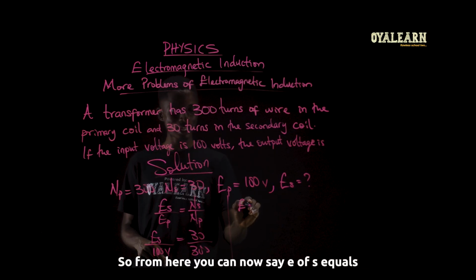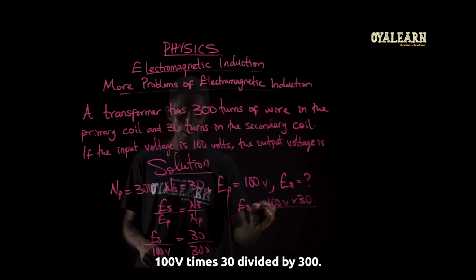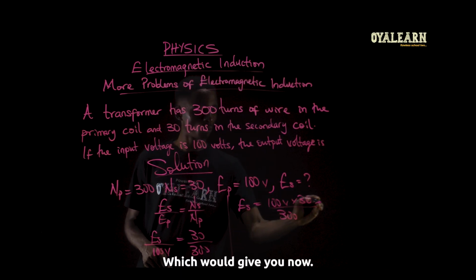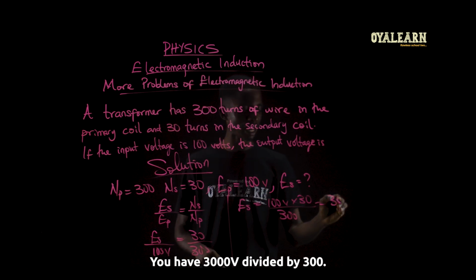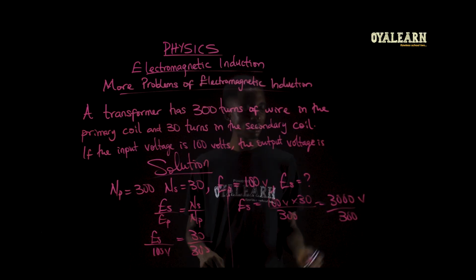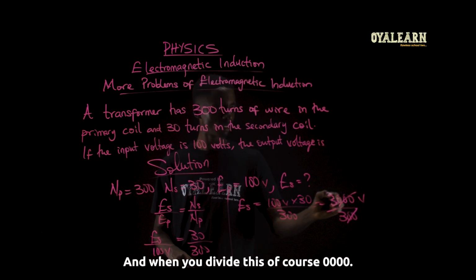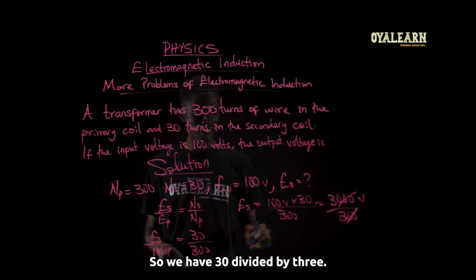So from here you can now say E_S equals 100 volts times 30 divided by 300, which would give you 3000 volts divided by 300. And when you divide this, of course, the zeros cancel, so we have 30 divided by 3.